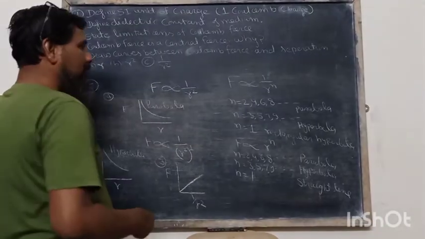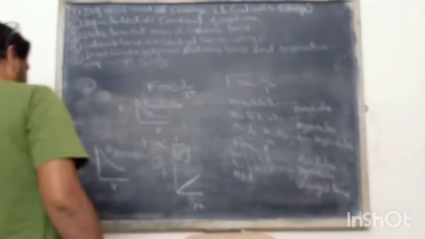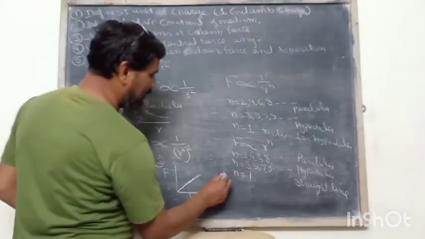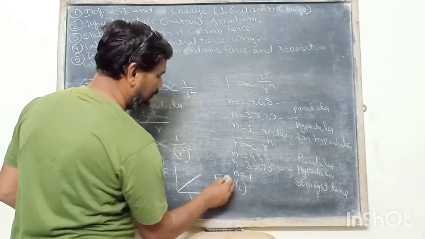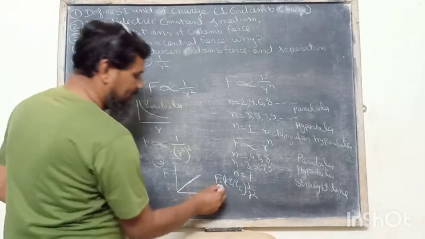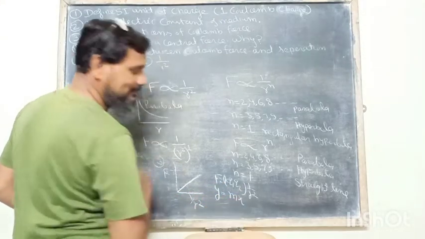Again, I want to explain some things with respect to these questions, because F is equal to K Q1 Q2 into 1 upon R square. This is the equation of y is equal to mx.